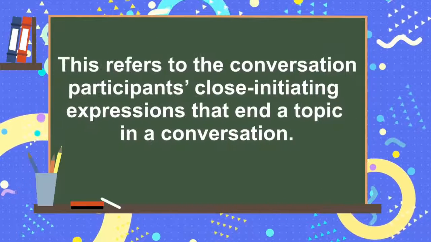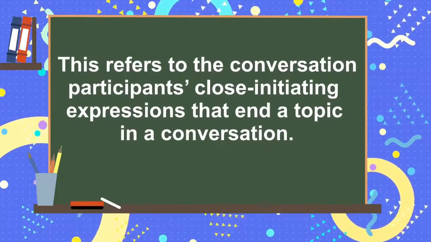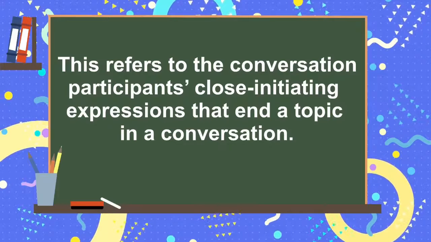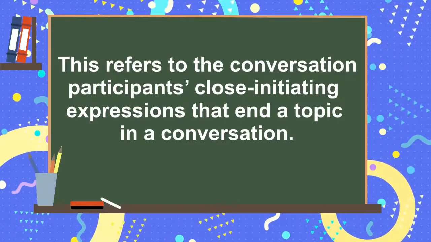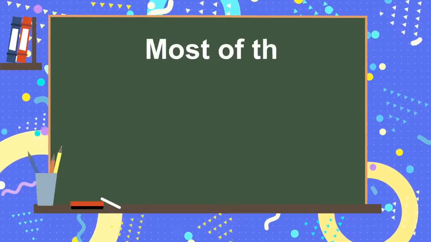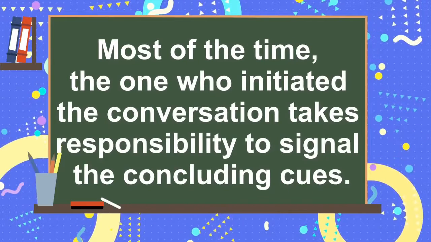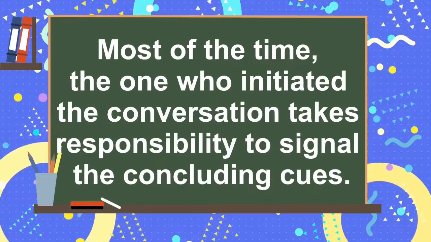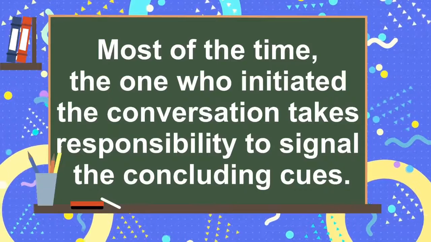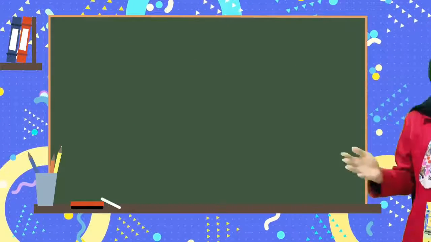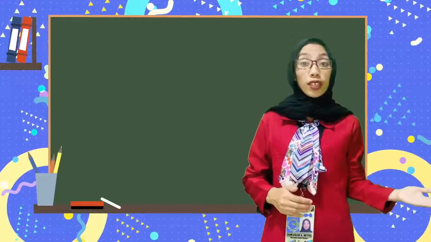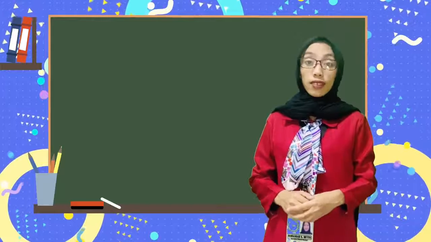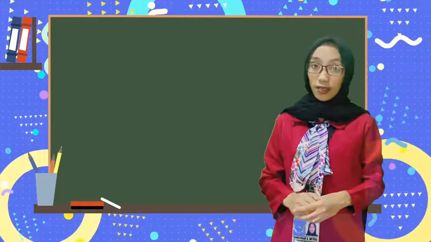This refers to the conversation participants' close-initiating expressions that end a topic in a conversation. Most of the time, the one who initiated the conversation takes responsibility to signal the concluding cues. You can actually do this by sharing what you learned and completing the discussion of the topic.